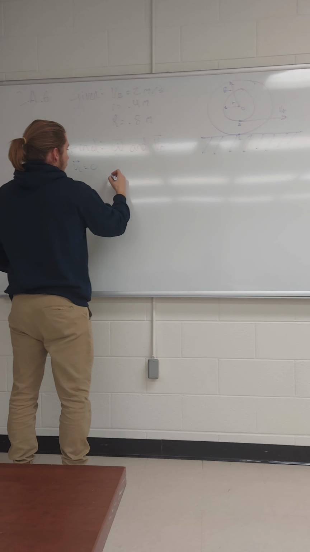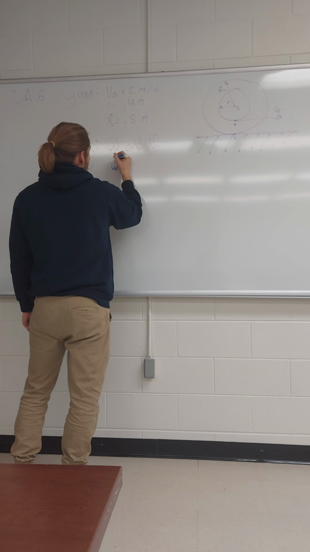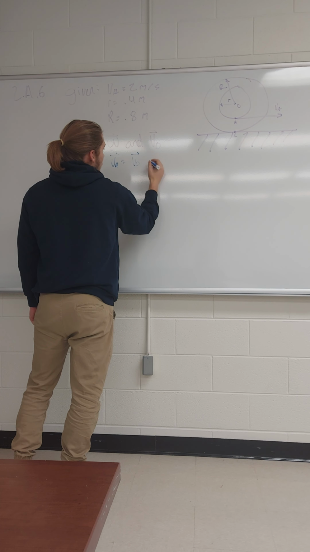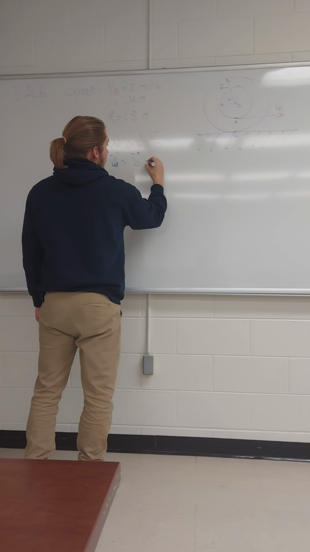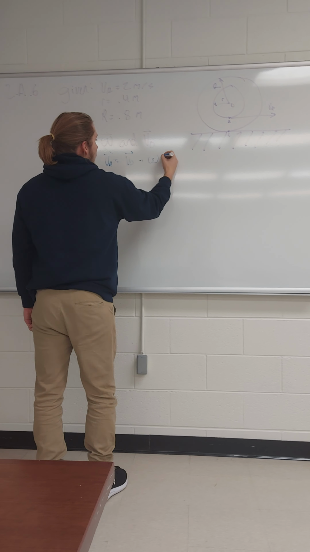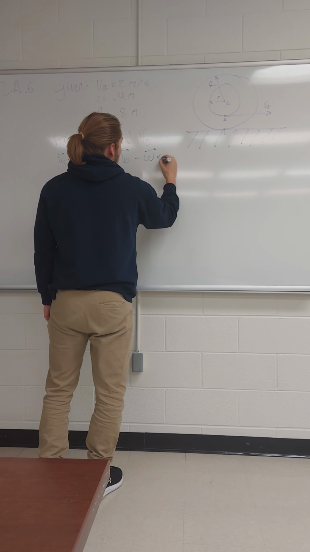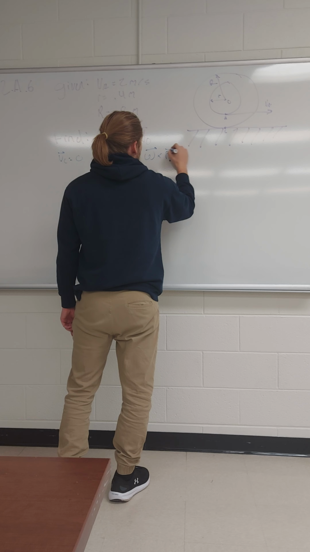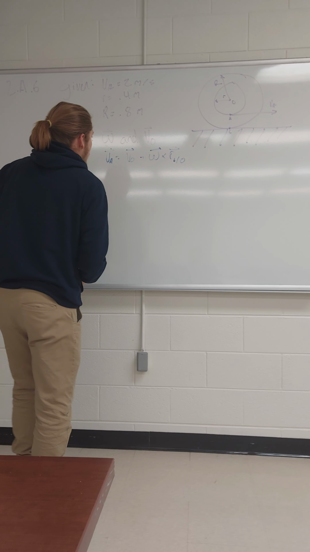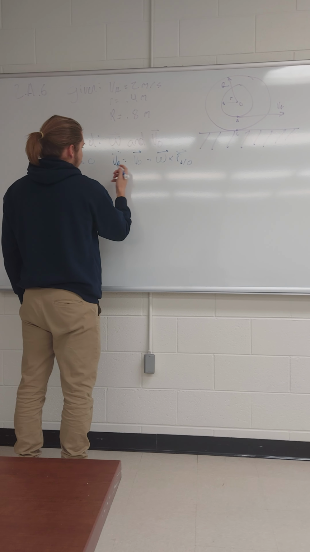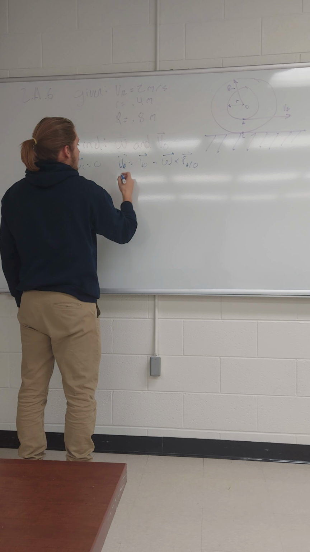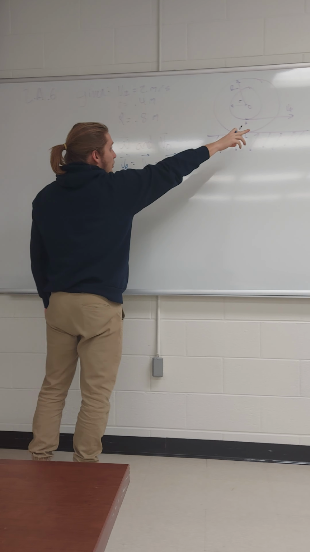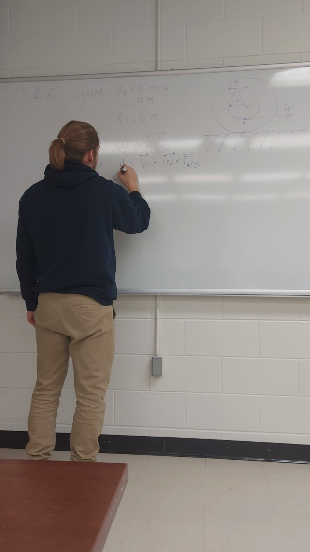And then to solve for omega, we're putting VA in terms of VC, which would be this equation plus omega cross R of A in terms of C. So you know VA is given as 2, so we'll do 2, and that is in the positive I direction.